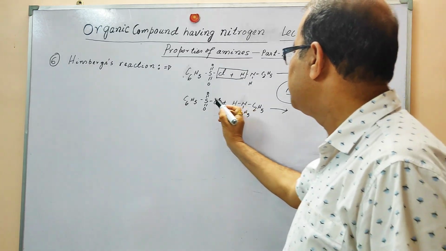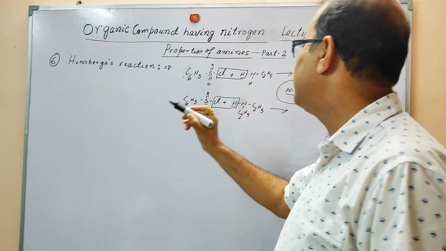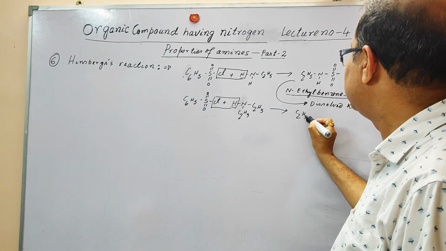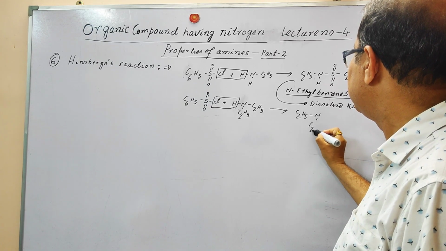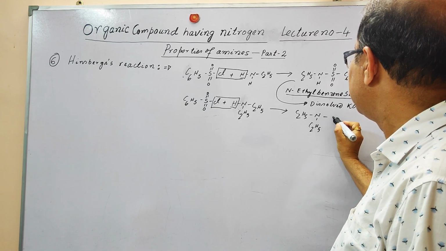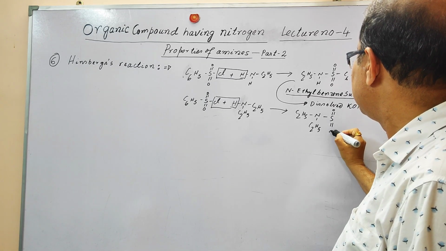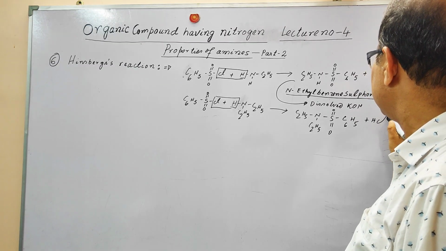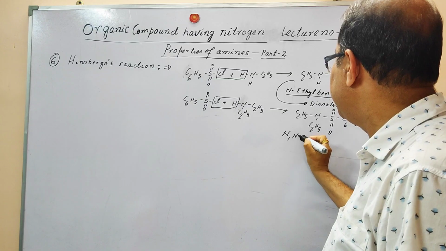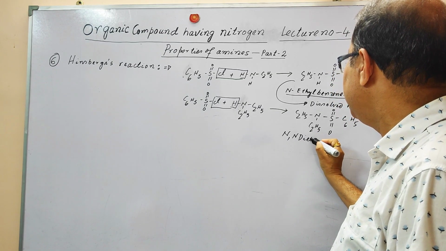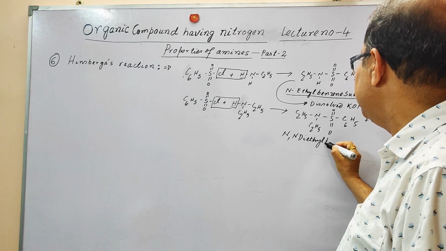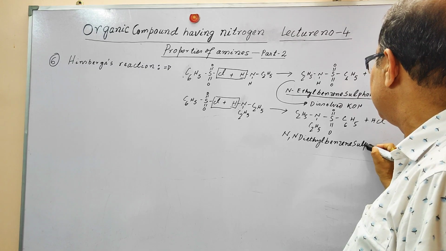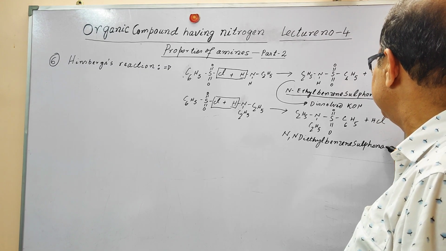Here also you can see there is an elimination of one molecule of HCl, and it is going to produce N,N-diethyl benzene sulfonamide.